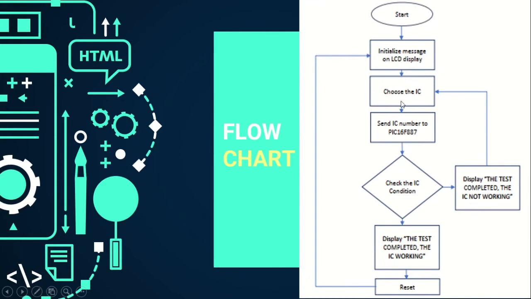After we choose the IC, the number is sent to the PIC 16F887, and the controller on the PIC will check whether the IC is working or not. If the IC is not working, it will go back to choosing the IC. If the IC is working, it will continue to reset. And then after we are done, we can start to use another IC to test.